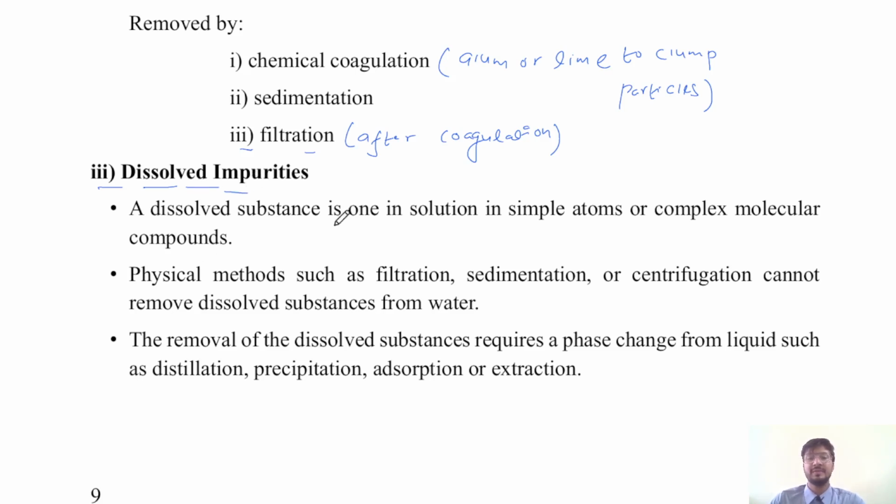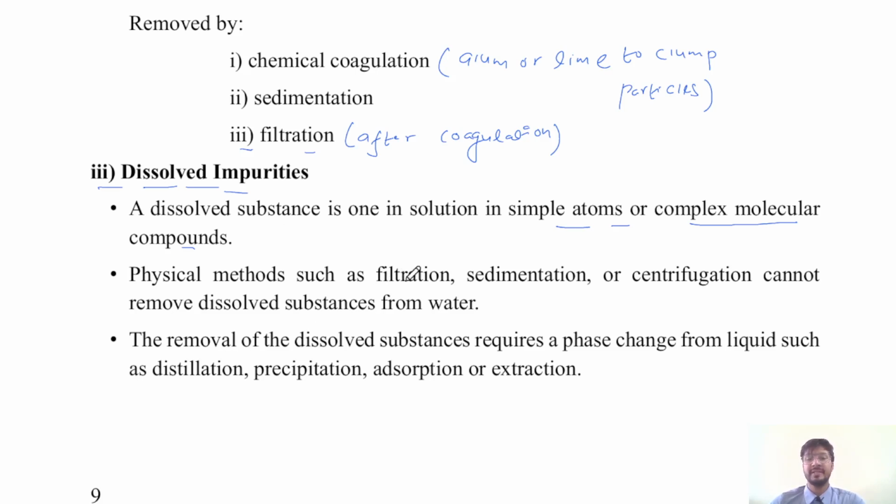A dissolved substance is one in solution as simple atoms or complex molecular compounds. Dissolved impurities are true solutions like salt or sugar dissolved in water.